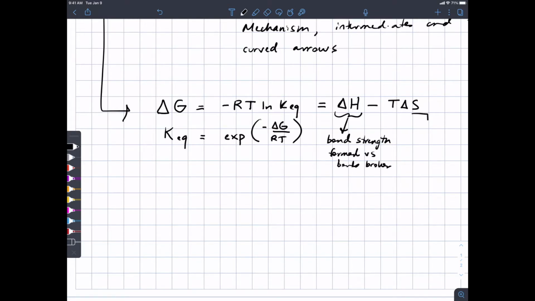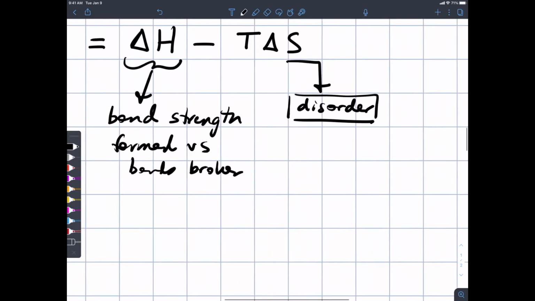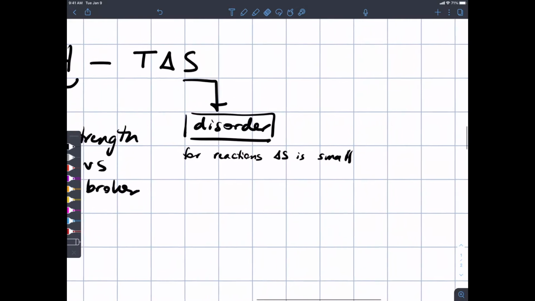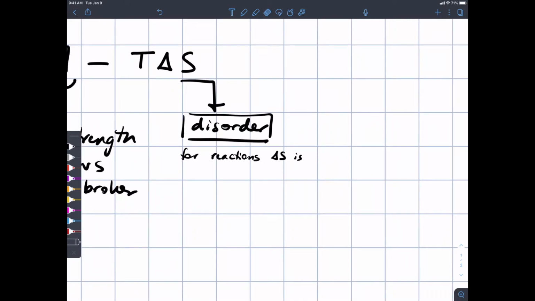And delta S refers to disorder. And with respect to reactions, delta S is usually pretty small, and we will almost always ignore it. But in general, just to be complete, I don't think these issues will necessarily come up in the future, but I want to sort of disclose times when you might want to worry about entropy.